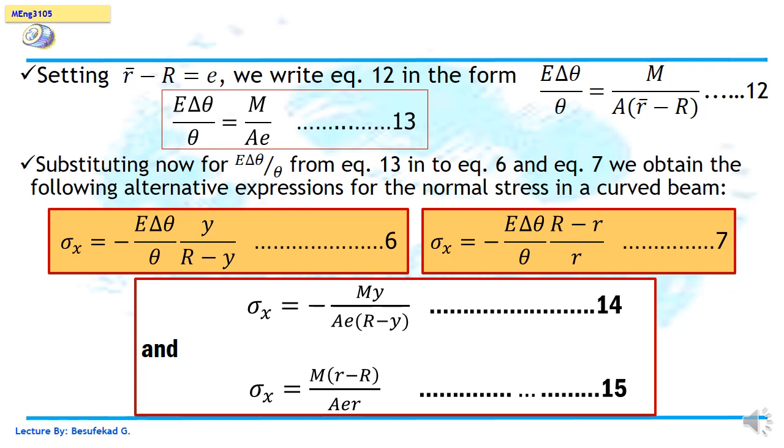But this is what you need to do. Don't forget, I already wrote it here. e means eccentricity and is equivalent to how much? The distance of the centroid from the center of curvature minus the distance of the neutral surface from the center of curvature. If you do so, you get the value of e. So this is actually the concept or equation that helps us find out the stresses in curved beams.